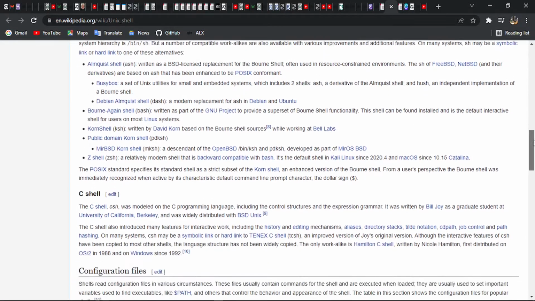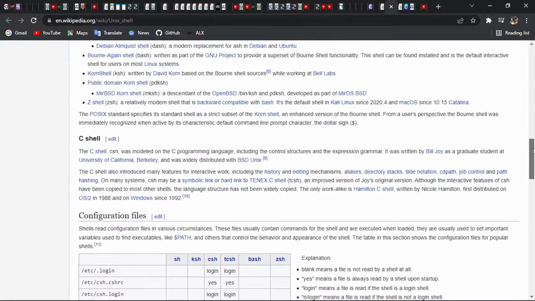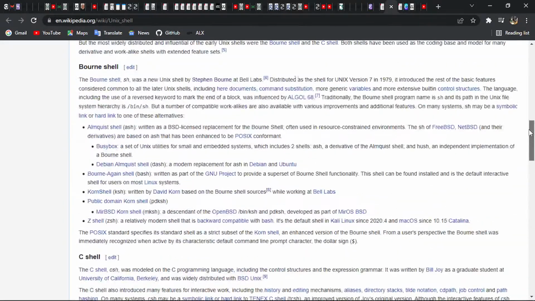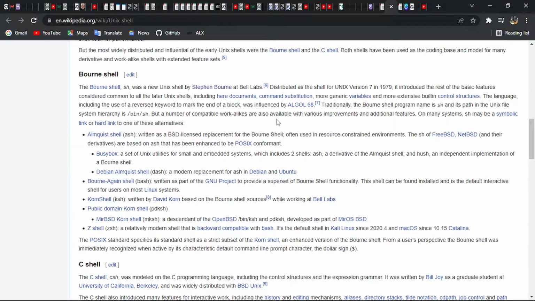Then after that, there was another improvement of this shell, or I can say an amelioration or advancement of it.